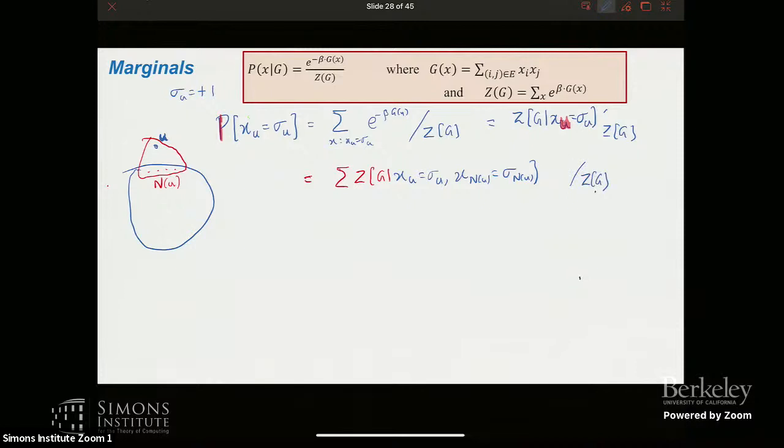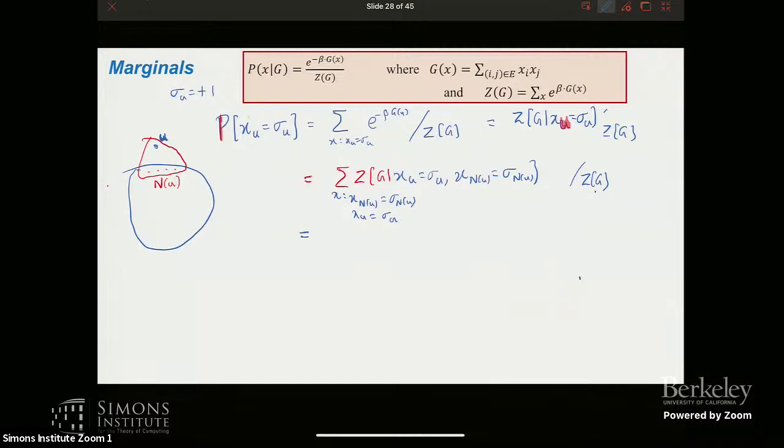So if I condition on the neighborhood, then I can write the terms in this sum. Sorry, it's a sum over all x such that the entire neighborhood of u is assigned sigma N of u, and xu is assigned sigma u.